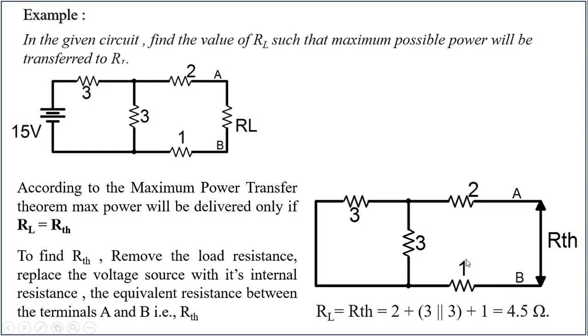So the Thevenin's equivalent resistance, or the equivalent resistance of this entire network, is going to be 4.5 ohms. So if you consider RL value to be equal to 4.5 ohms, you will notice the maximum power delivery to this load resistor, right?